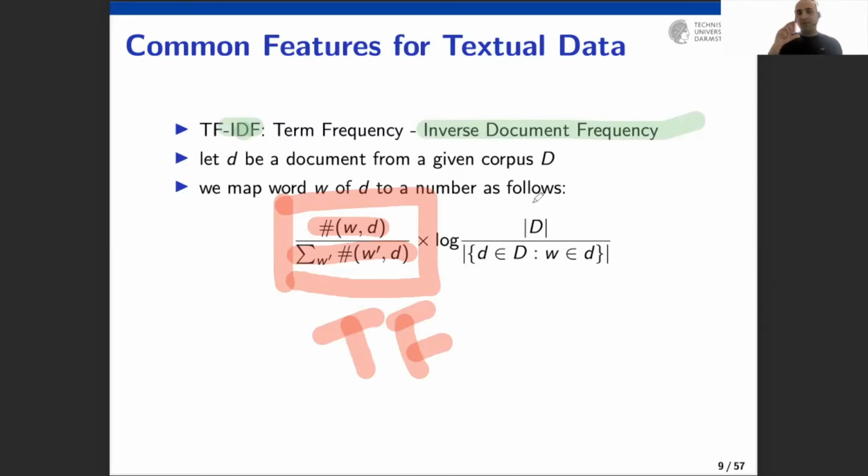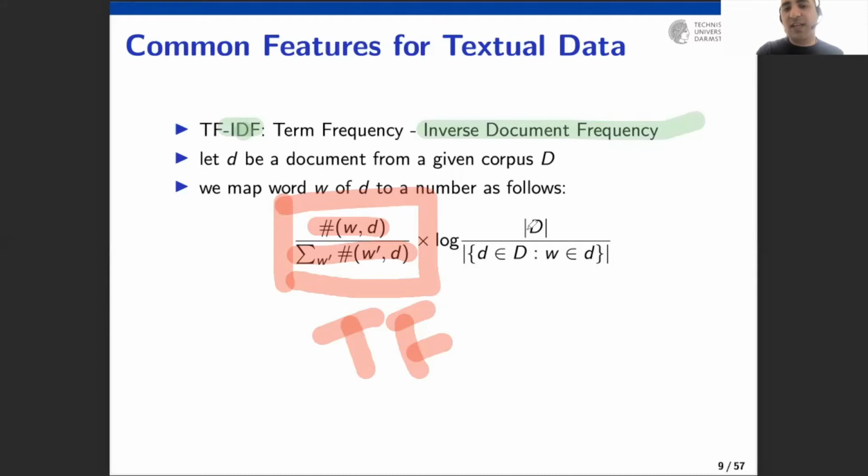So for example, if you want to distinguish between spam emails and emails that are not spam, you probably need to look at the words that occur in one set, like the words that occur in spam emails, and the words that do not occur in spam emails, right? But the words that occur in both categories are less important than words that appear in one of these sets.